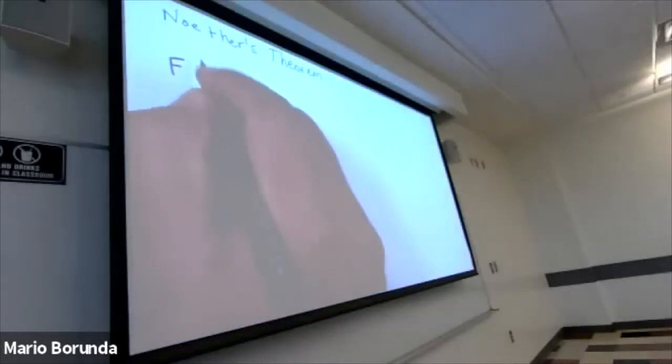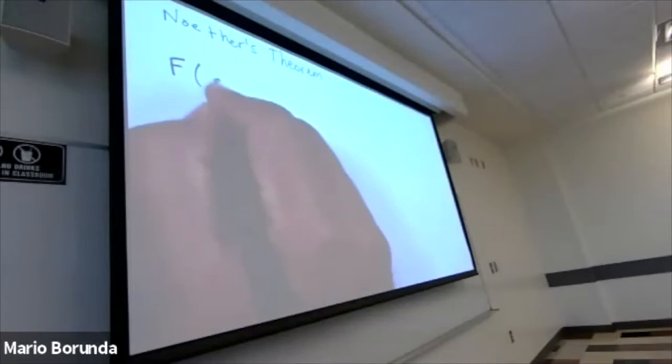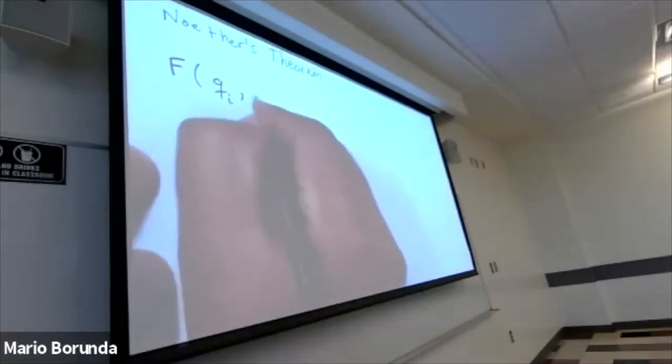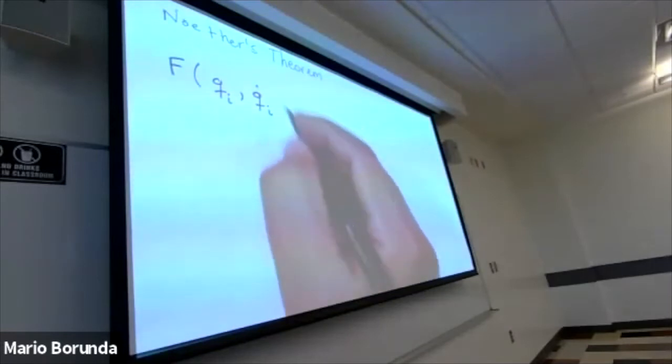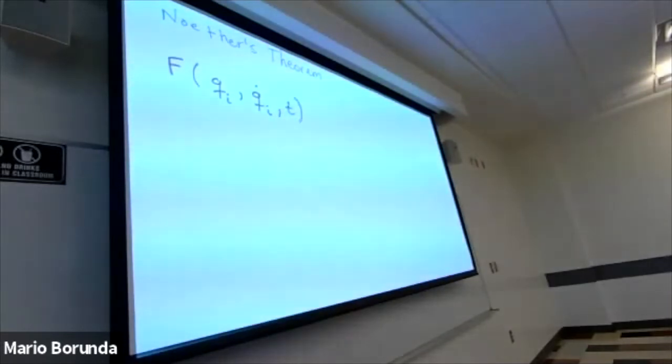So this is a beautiful thing, and let's start describing it. We have a definition for this. We're going to start with a function f, and it depends on some generalized coordinates, their derivatives, and time.